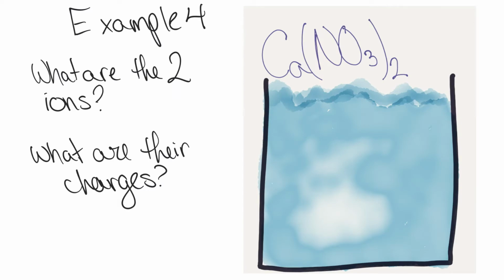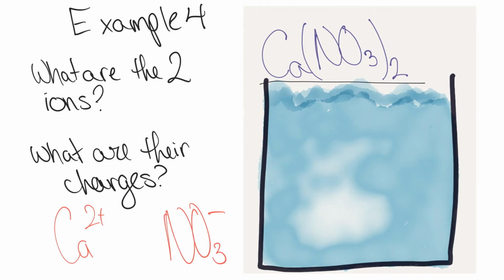Okay, our last example is here. I'm going to pause in 2 places so that you can practice drawing ions in solution on your own. So in this example, we are going to work with calcium nitrate. First, I want you to decide what are the 2 ions present here and what are their charges. You may need to look this up.